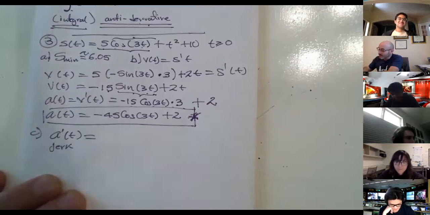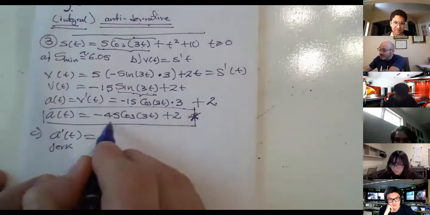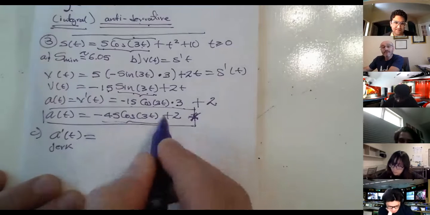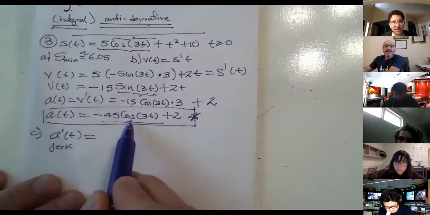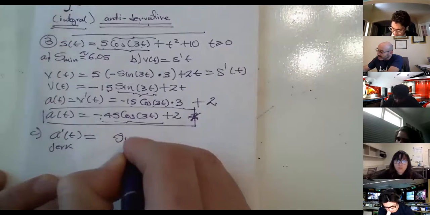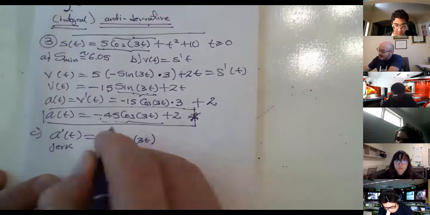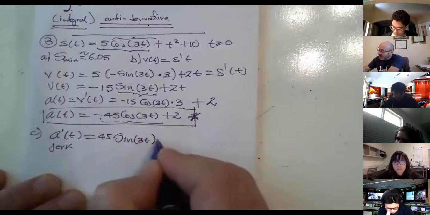All right, so let's see. The derivative of 2 is gonna be 0, so that's gone. We're only interested in this piece. One more time, what's the derivative of cosine? Negative sine, and with this negative, it becomes positive, so it's gonna be sine of 3t. The 45 is a constant, and we multiply that by 3 again.